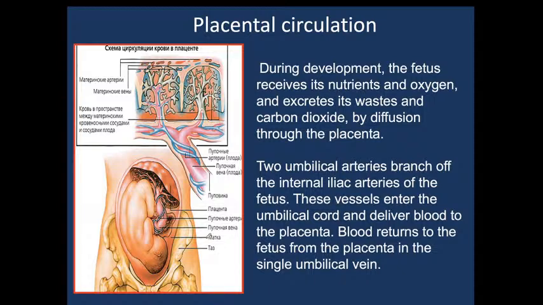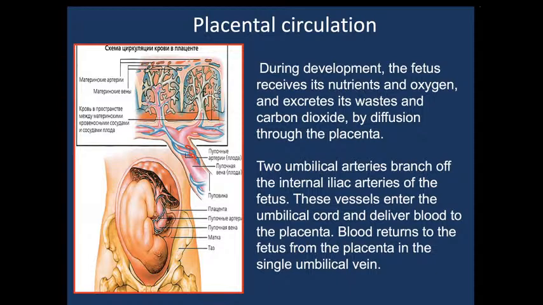Here are visible 2 umbilical arteries. Take into consideration that they are blue because they contain deoxygenated blood. The 2 umbilical arteries branch off the internal iliac arteries of the fetus.